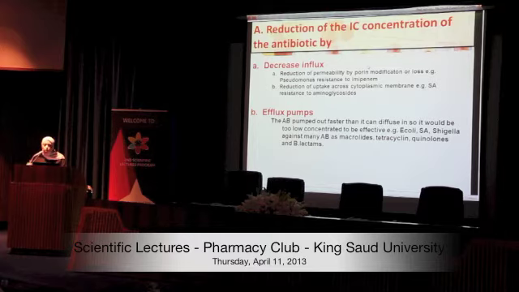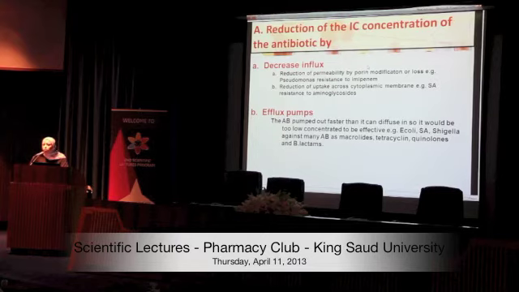Reduction of the uptake or increasing efflux pumps. Either they don't find the way in by finding their door, they cannot enter by not finding their proteins to enter into the cell, or efflux pumps. Just as the thieves come, they are thrown from the balcony. So the bacteria are taking them in and then throw them away.